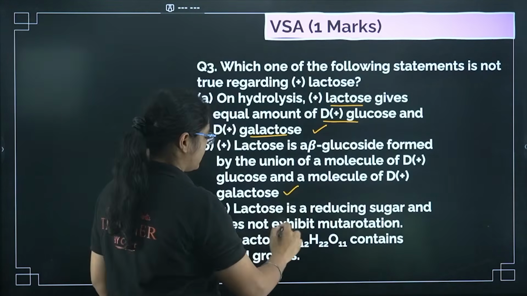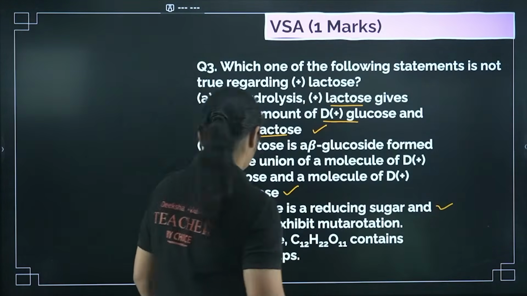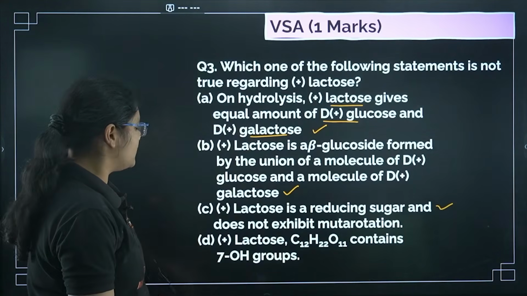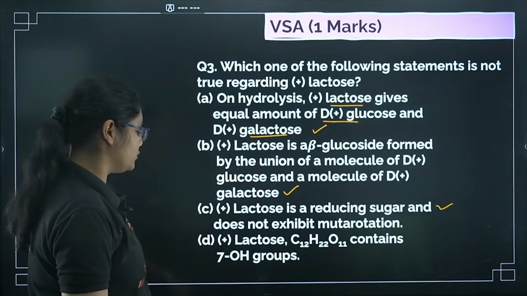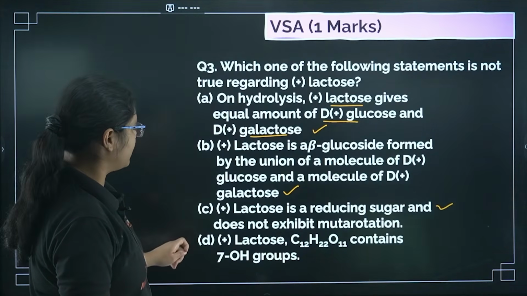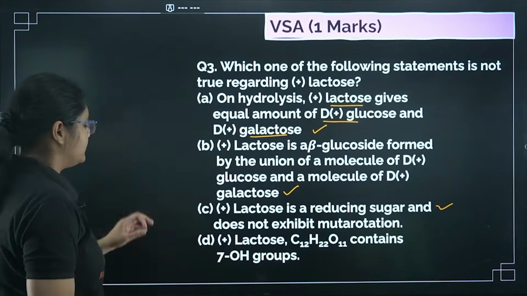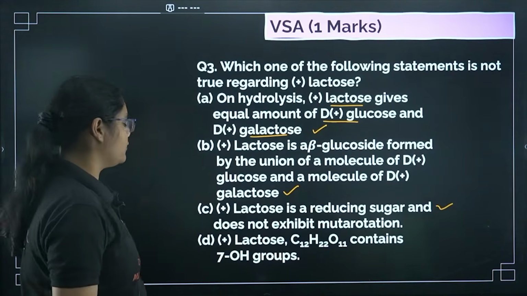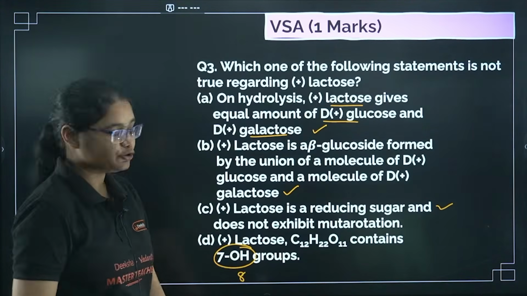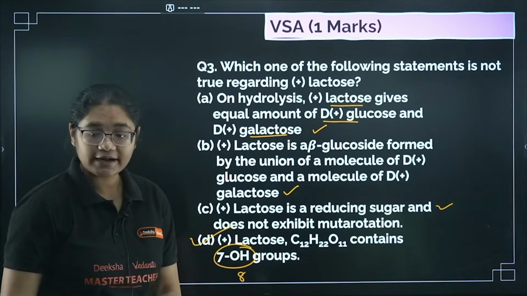That is also correct. Lactose is a reducing sugar. That is also correct, and it does not exhibit mutarotation. Lactose contains 7 OH groups. Now you have to find the incorrect statement. This statement is incorrect because lactose contains 8 OH groups. So option D is the correct answer.